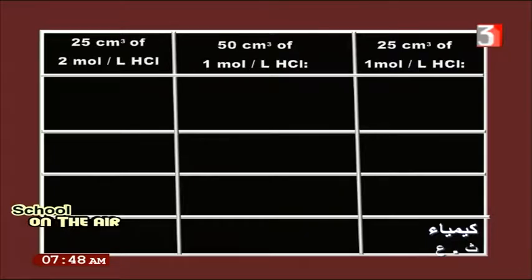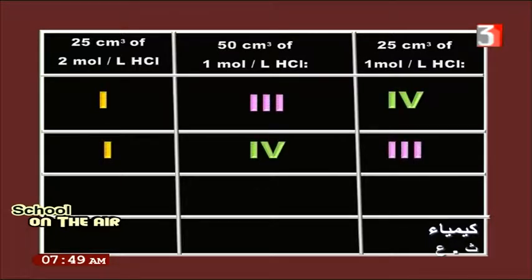Here we have 25 cubic centimeters of 2 molar hydrochloric acid in the first column, 50 cubic centimeters of 1 molar hydrochloric acid in the second column, and 25 cubic centimeters of 1 molar hydrochloric acid in the third column. So which choice are we going to choose?